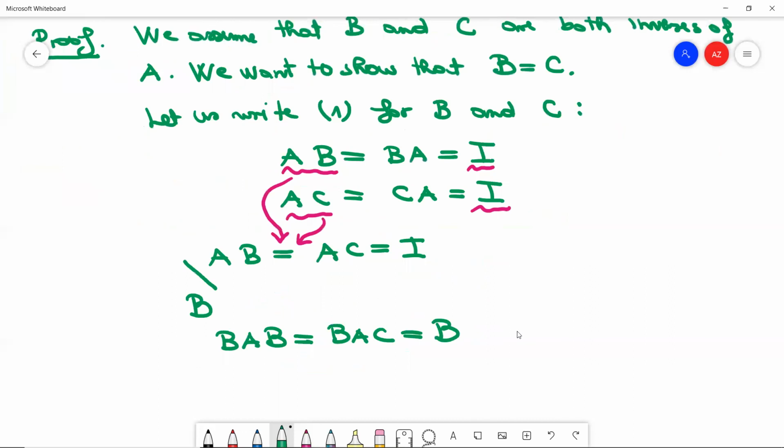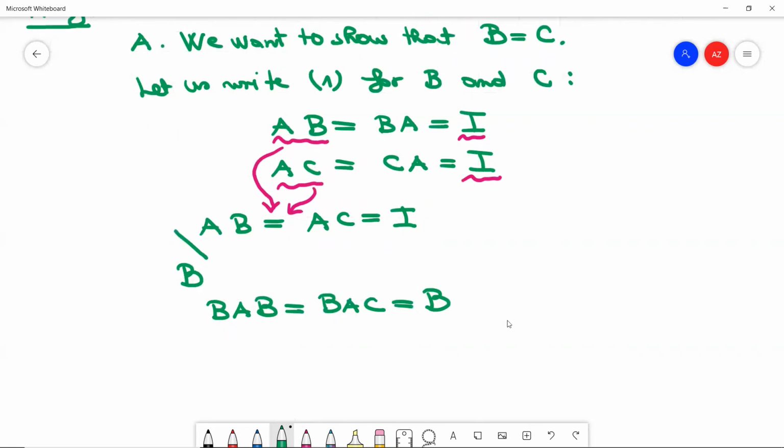Okay? And what we notice here, in fact, is that we don't need this left-hand side anymore, because we needed it only to establish that AC is equal to B. So we only need to observe this part.